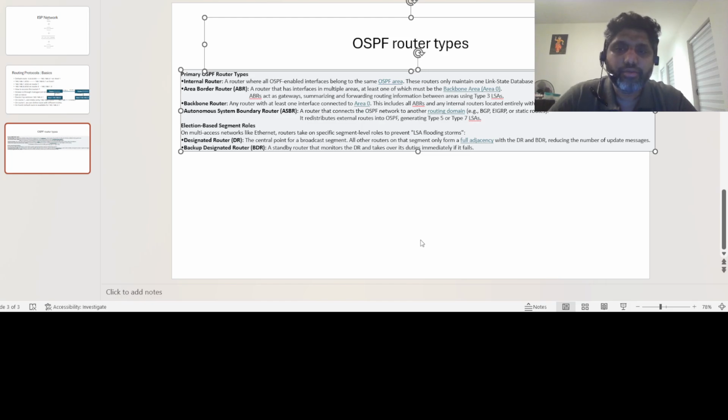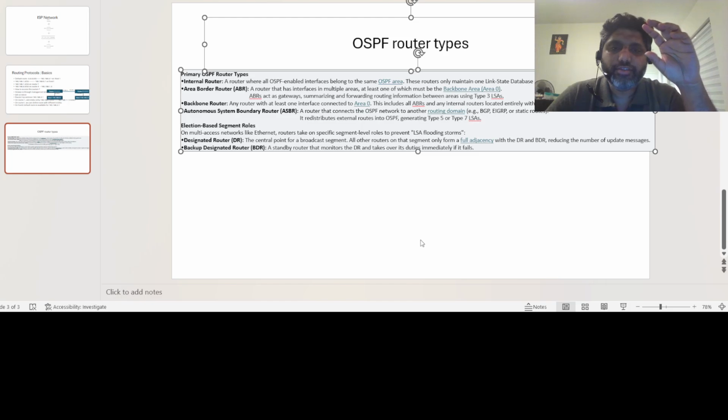What is an area border router, which is ABR? An area border router is a router with at least one interface in the backbone area. So ABRs act as gateways, summarizing and forwarding routing information between areas using type 3 LSAs. That means all the routing updates go through the backbone area.